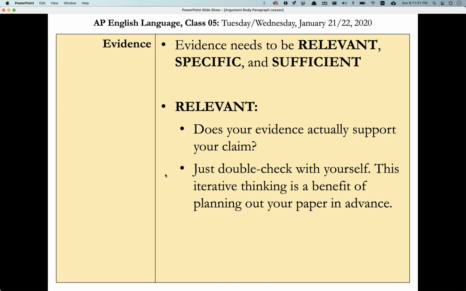This kind of iterative thinking, of course, is a benefit of planning out your paper in advance. We will talk about outlines in this class a little bit later on. So if you can very quickly outline an essay in a specific and prescribed way before actually writing it, it will help you to think this through before you end up writing.